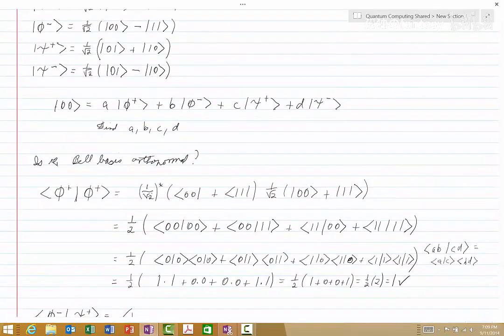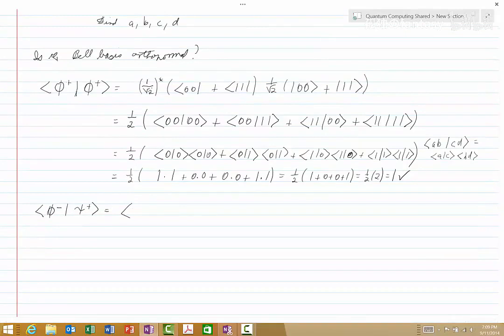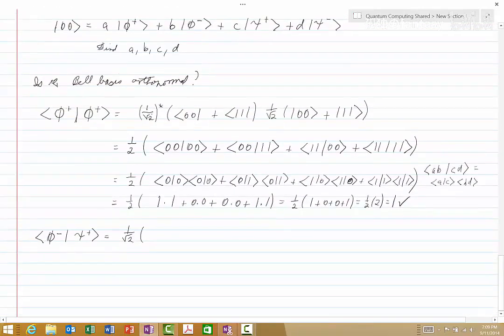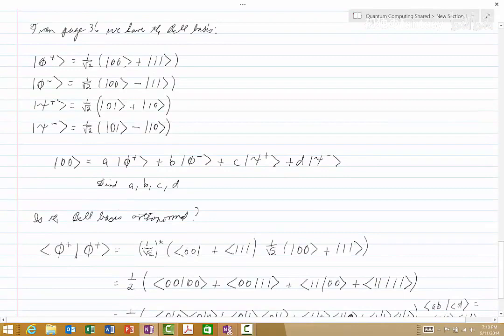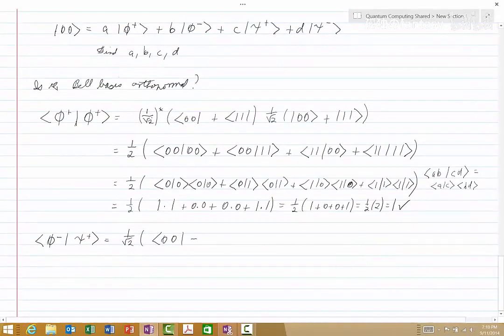Well, phi minus will be 1 over square root of 2 times 0, 0 minus 1, 1. And again, if you want to be very careful, since we're writing the dual of it, we have the complex conjugate of 1 over square root of 2.